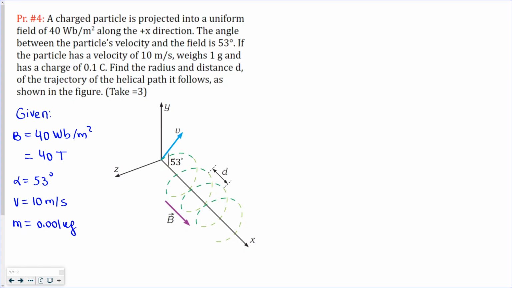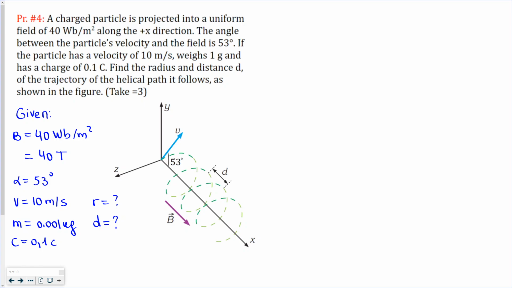And the charge is 0.1 coulomb. We are asked to find the radius and the pitch, D.